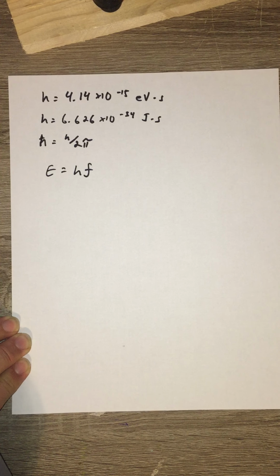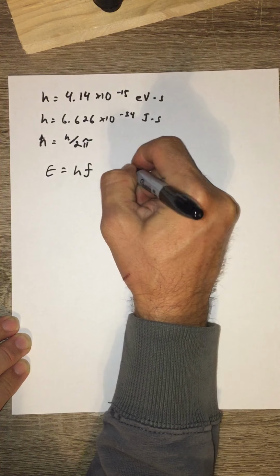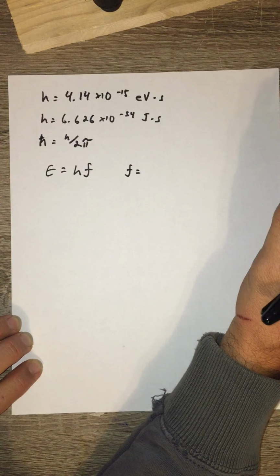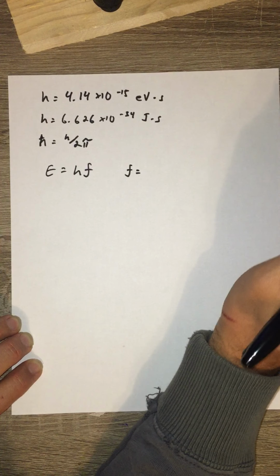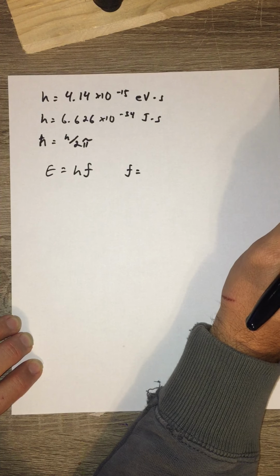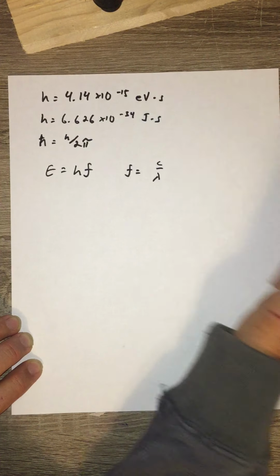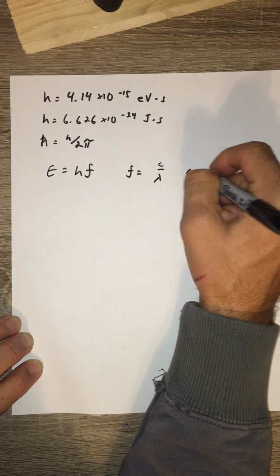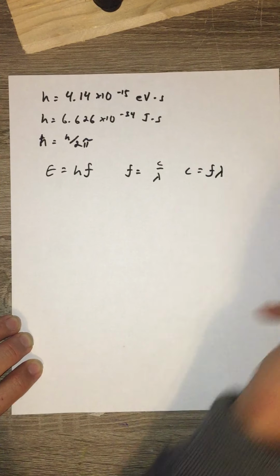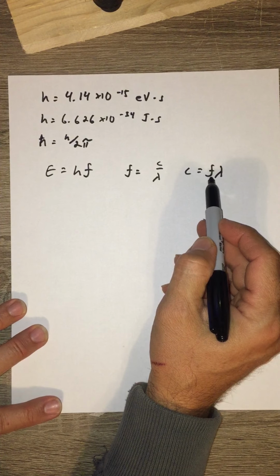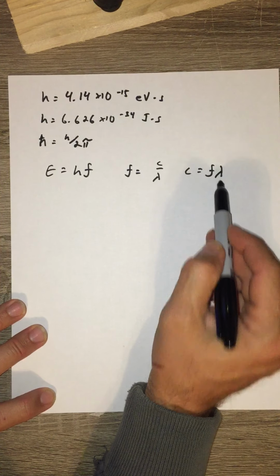So one of the things we like to do to make it easier on ourselves is to remember that f for something involving electromagnetic radiation is characterized as c over lambda. This comes right out of the wave speed equation. Remember, c is equal to f lambda. If I just solve this for the frequency, I get c over lambda.